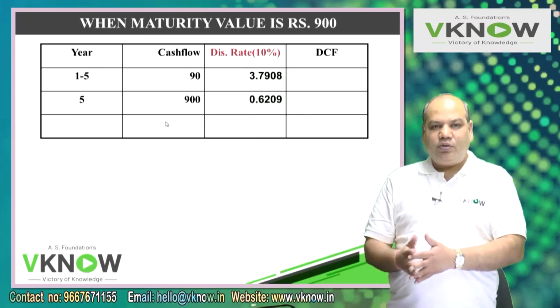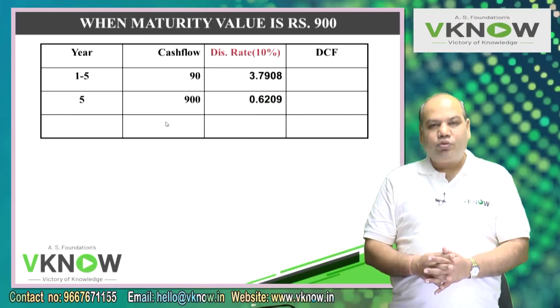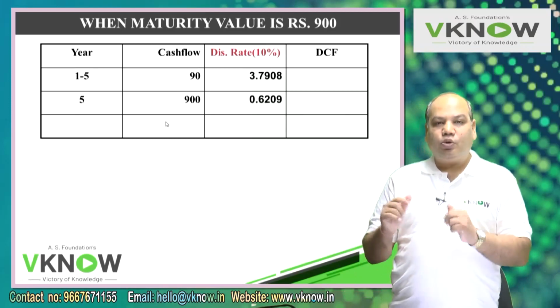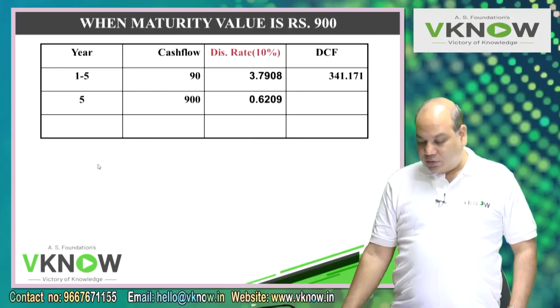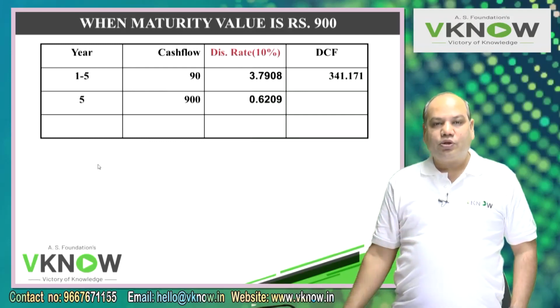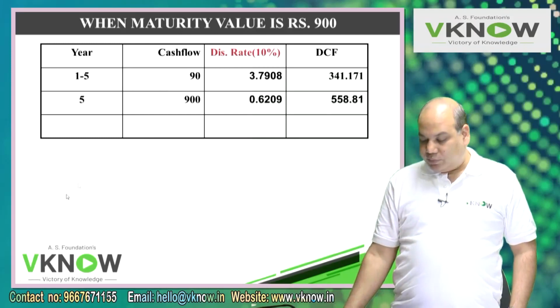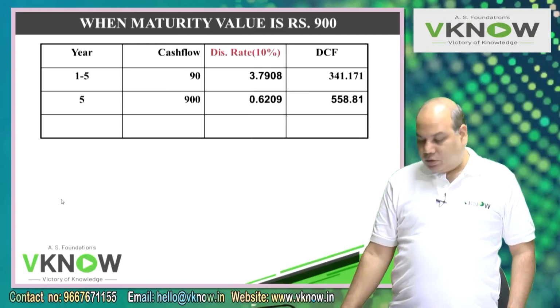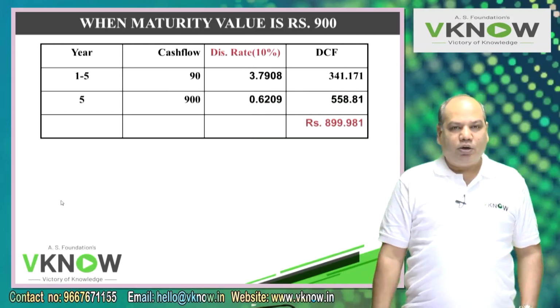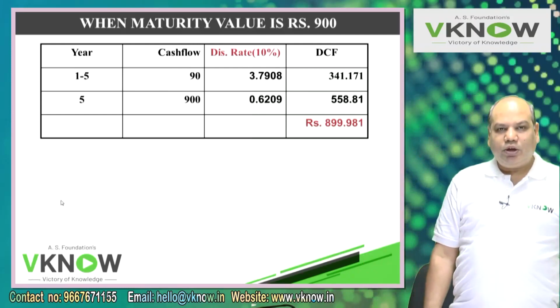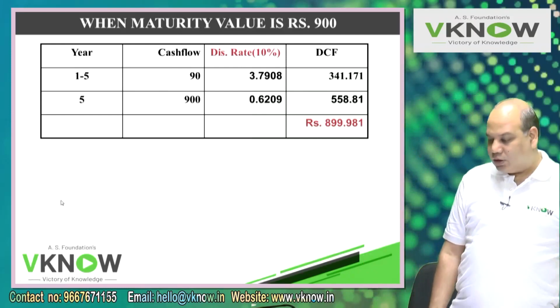Just multiply 90 into 3.7908 equal to memory plus 341.171. 900 into 0.6209, 558.81. Memory recall, 899.981.